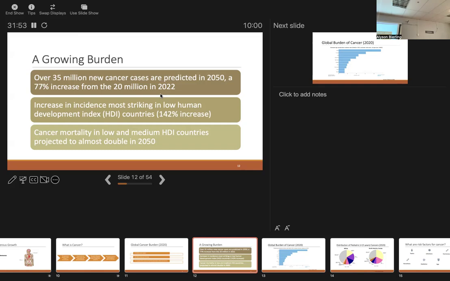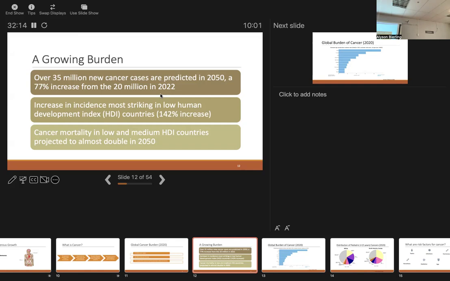And this increasing incidence is going to be most striking in low human development index countries, such as Lesotho. The increased incidence is anticipated to be about 142% in countries with a low HDI.